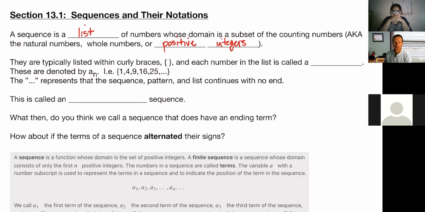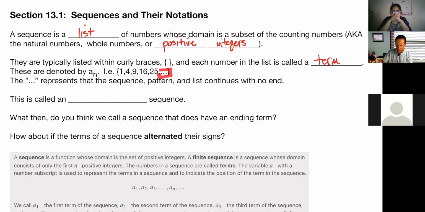Okay, so each number in this list that we're calling a sequence is called a term. All right, so the first term, or the second term, or the 22nd term. We want to be able to list each and every one of these so that we can talk about them.